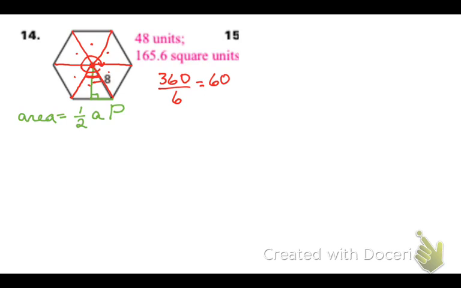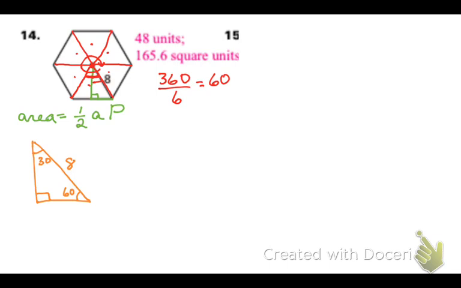So let me draw a triangle here. We know the hypotenuse is 8, and we know this is 30, and we know this is a right angle. If this is a right angle and this angle is 30, what does this have to be? Obviously it has to be 60. So we've got a really nice 30, 60, 90 triangle.